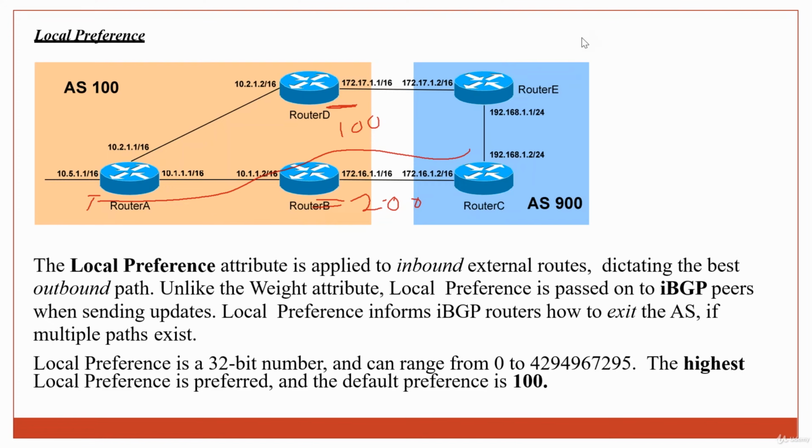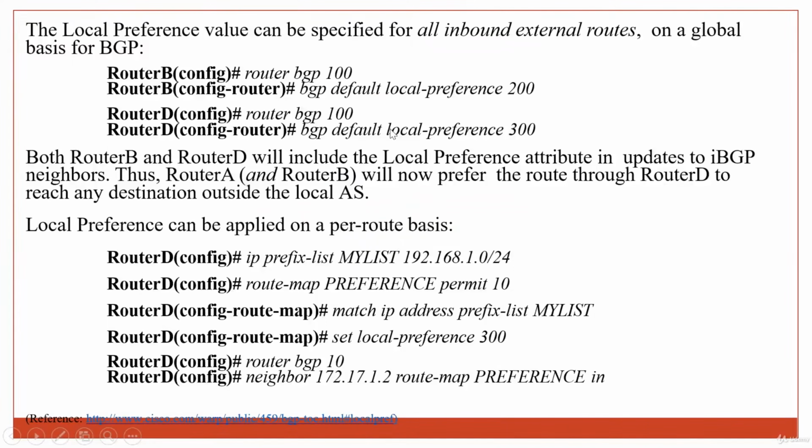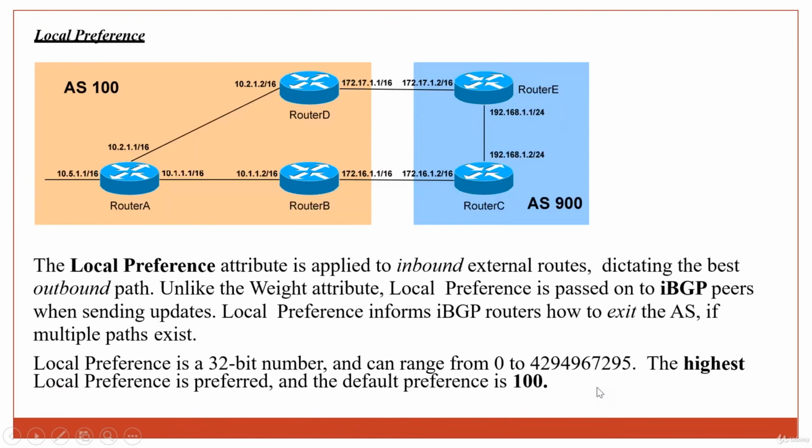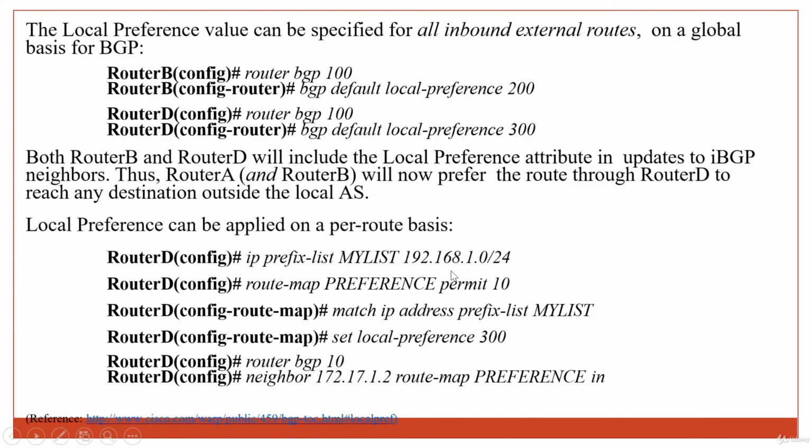That's the use of local preference. Here we have the example, and we'll check the route map way of applying the local preference. Again, the direction is inbound, so here we are at router D, or maybe at router B also, there's no problem.